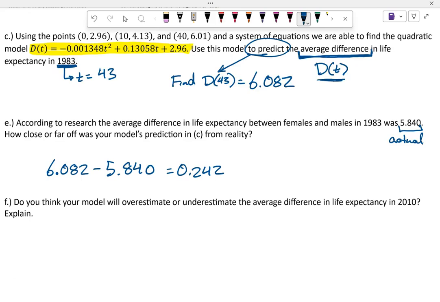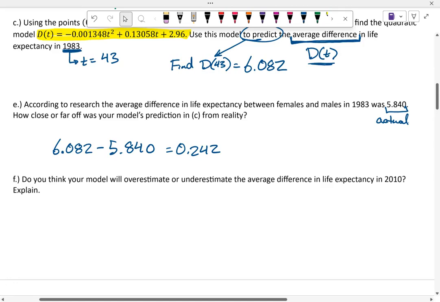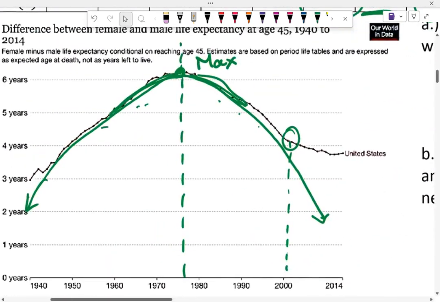Okay? All right. Do you think your model will overestimate or underestimate the actual difference in life expectancy in 2010? To see that, let's go back up to our data. So the green one is our prediction down here. Up here in black, that's the actual.